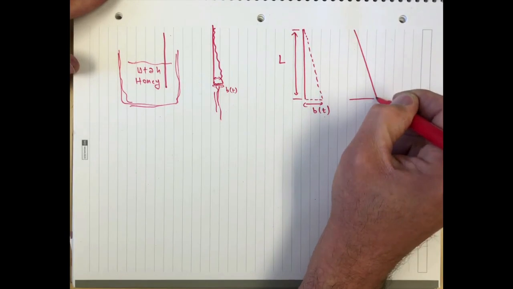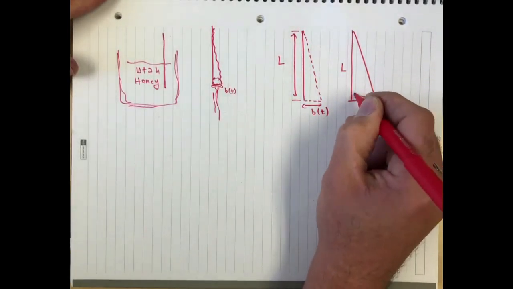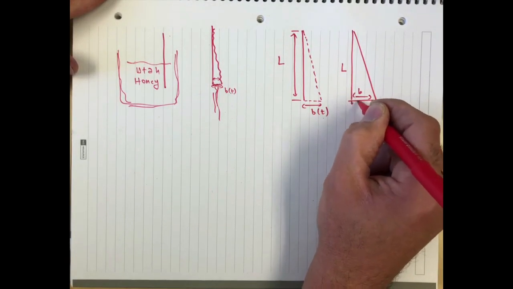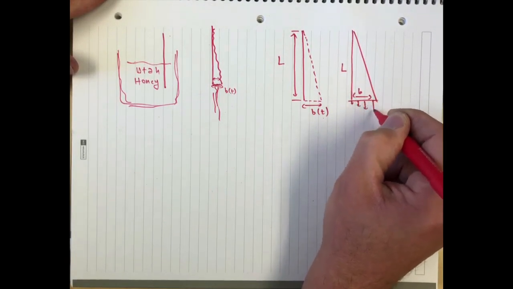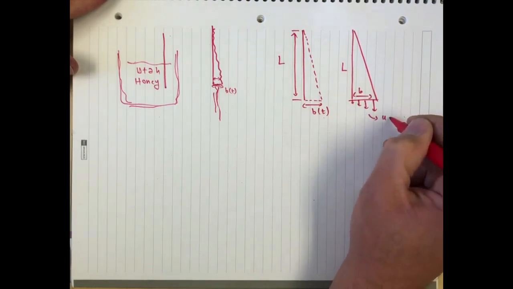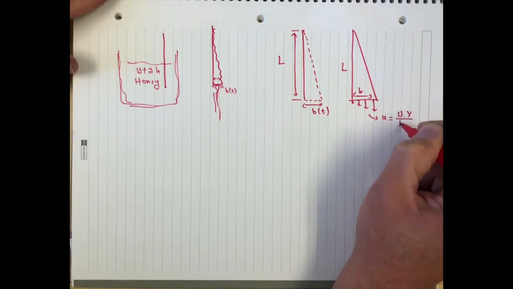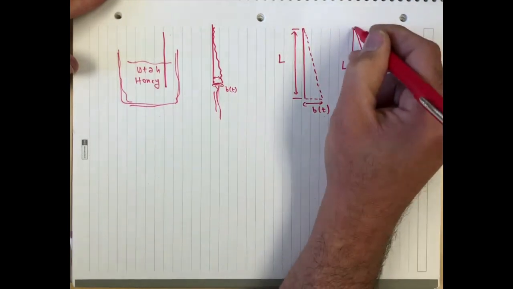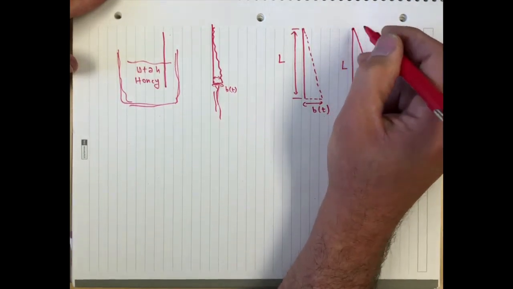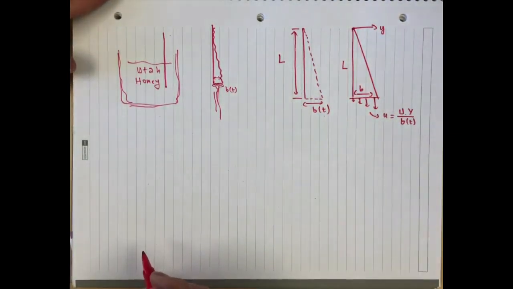So again, we're going to draw this triangle of height L, width b, and the velocity over here is given by this velocity profile. U is equal to some value u times y over b of t, and this would be our y-axis.